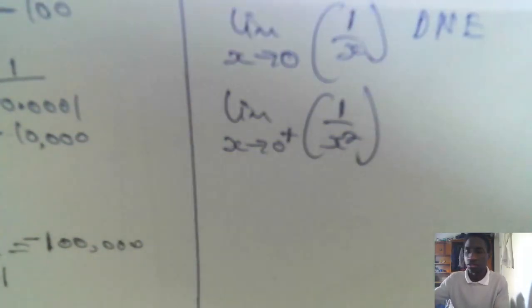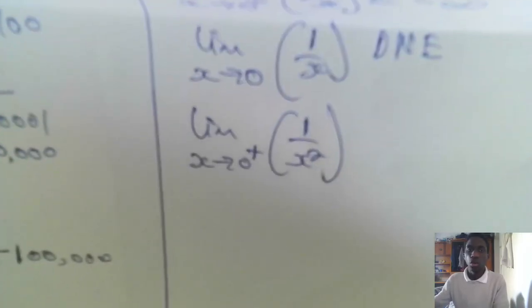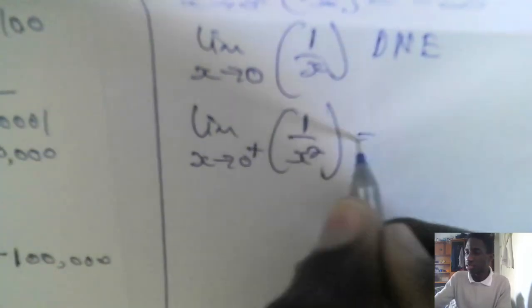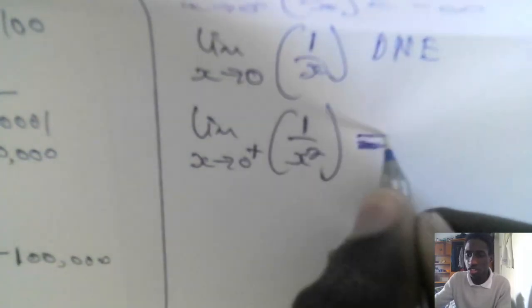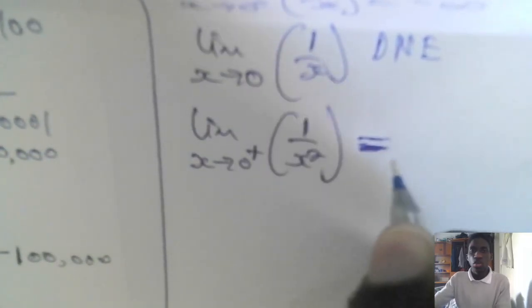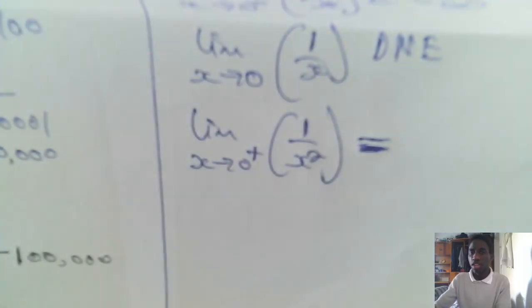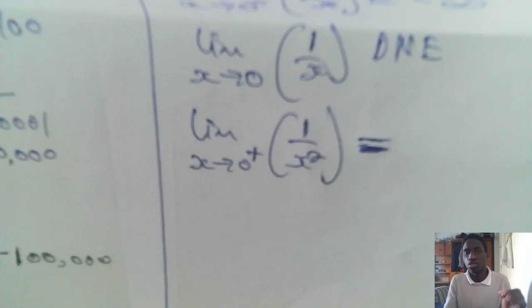So this is what we have, and we want to find the value of the limit. So what we simply do is we turn our imagination on, and we imagine x approaching 0, right? Values of x approaching 0 from the right. Okay, that's numbers that are bigger than 0.